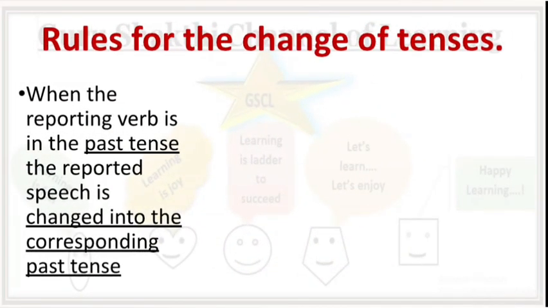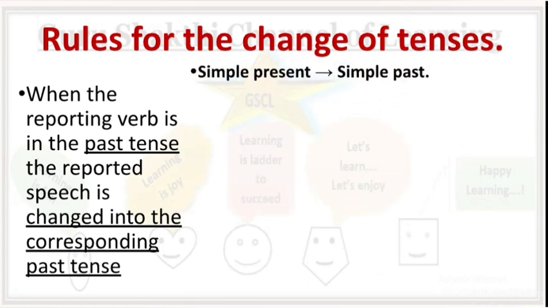If the reporting verb is in past tense form, the tense of the reported speech is changed as follows. If it is in simple present form, it is changed to simple past tense form.